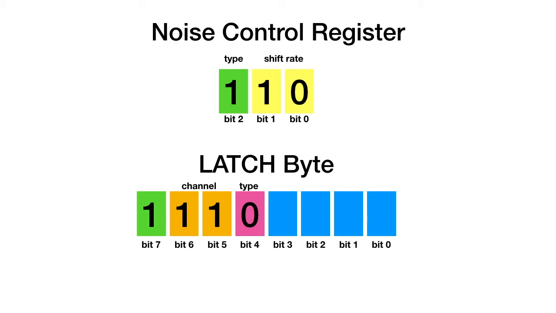So we'll set a value of 0110 as the last 4 bits of the latch byte. And when we convert this value to decimal, we get a value of 228, or E4 in hexadecimal. So writing 228 to address FF41 would write 110 to the 3-bit control register.